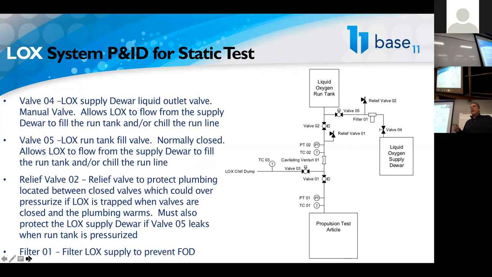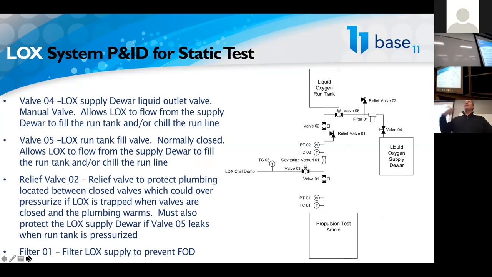So in the case of our large static test stand setups here at Purdue, we add another valve between valve 5 and valve 4 that is a normally open dump valve. So once we get done transferring, well, let me take that back. We add 2 more valves.